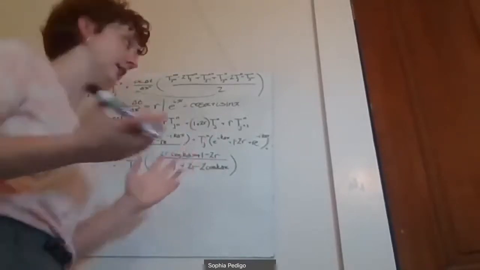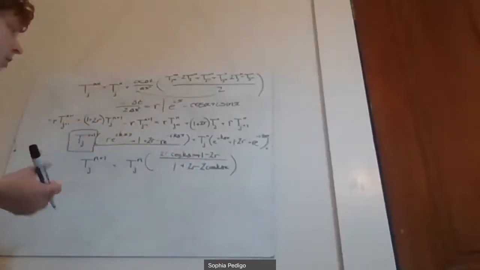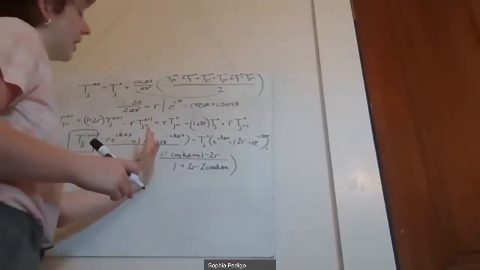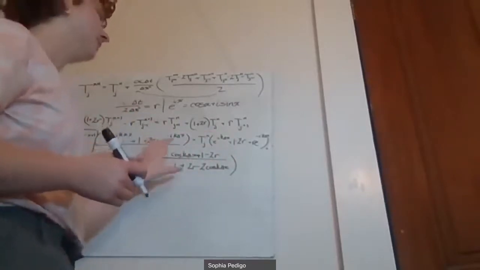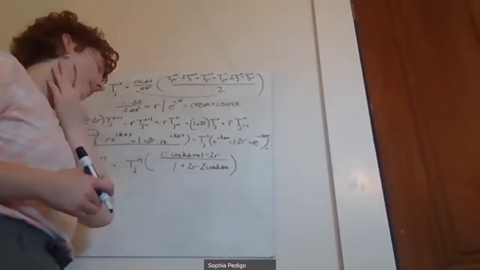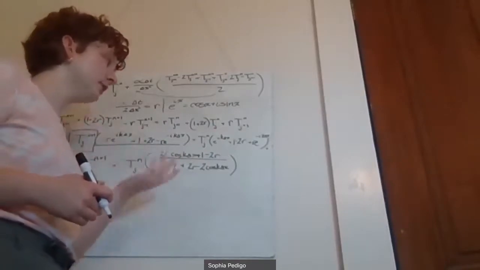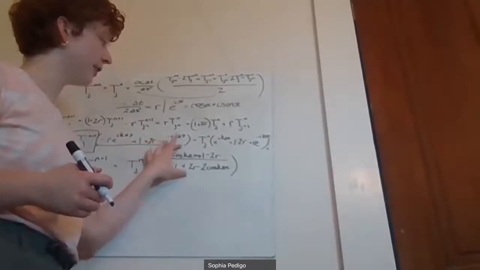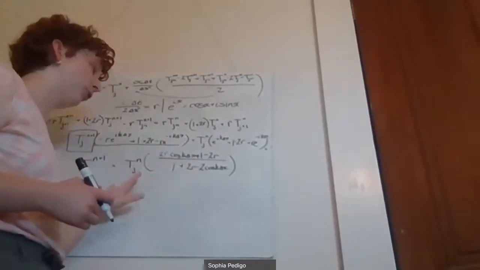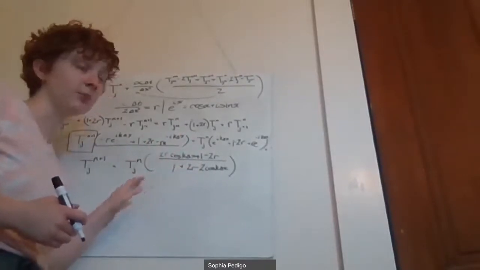So that's really what we're looking at here. We don't only care about this section, but it's an important section because for whatever number we have here, we're multiplying this temperature profile.